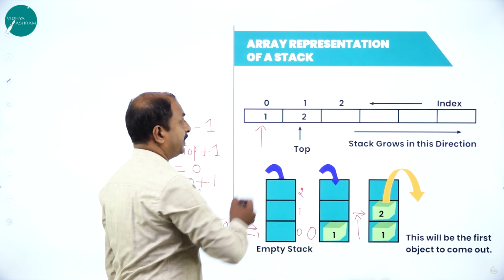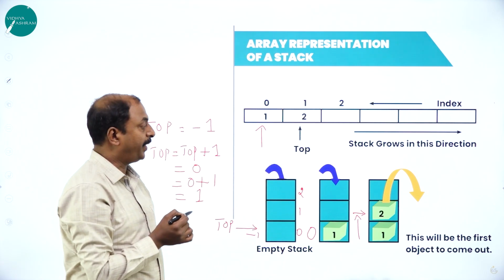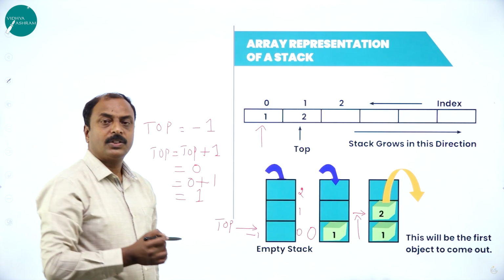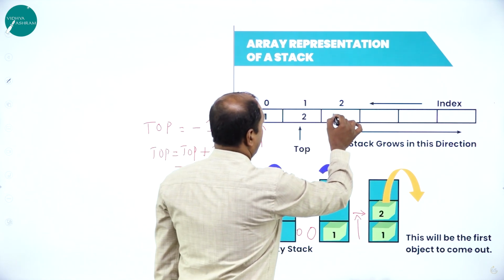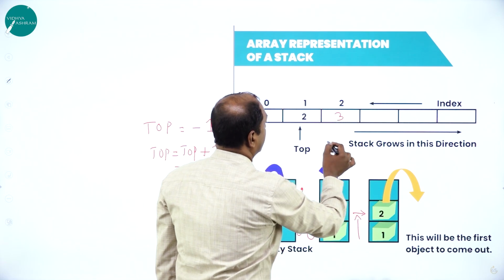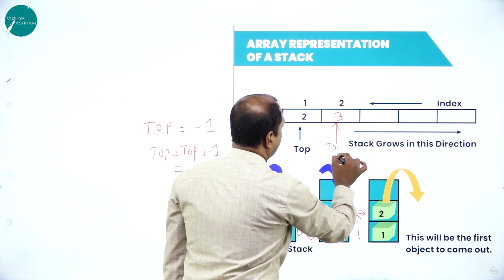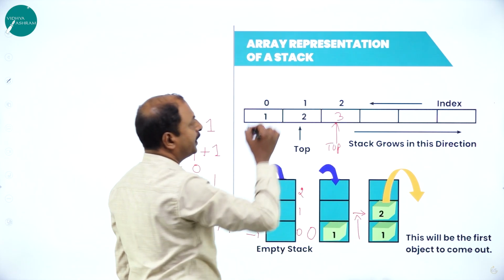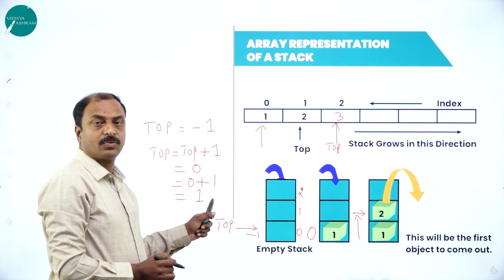Same example is here. This is the point where you insert the second element, at index 1. Suppose you want to insert one more element, for example 3. If you want to insert here, the top should come to this point. So here is index 2. How do we get the index? Top equals top plus 1.